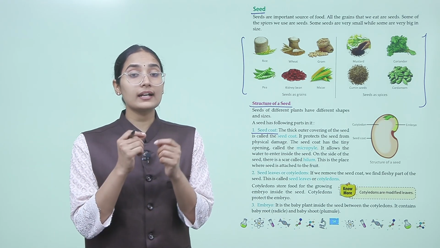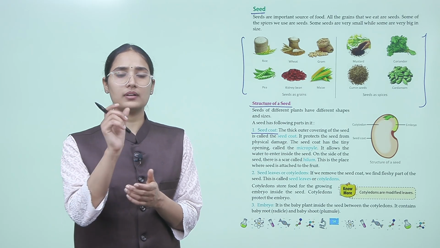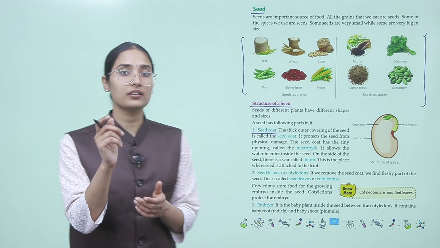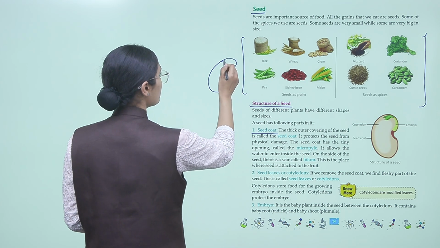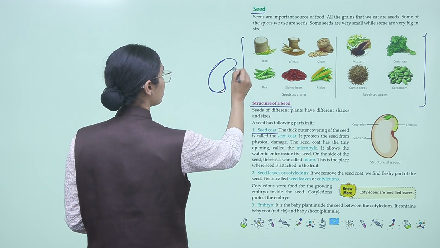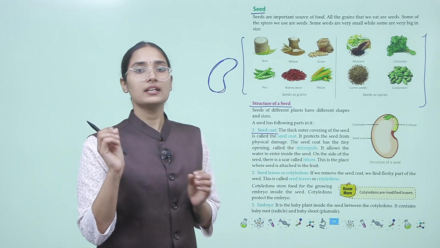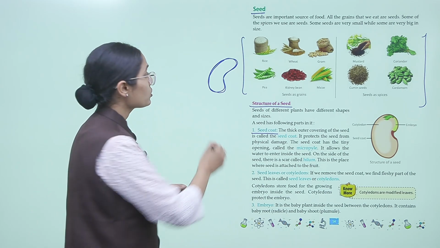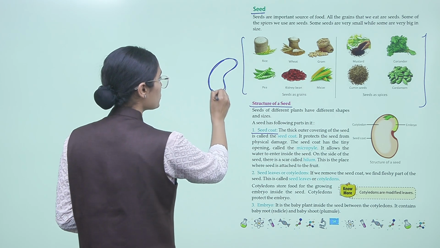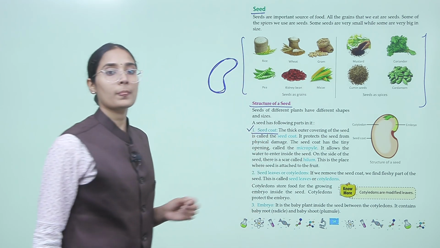Have you ever eaten rajma? Rajma is covered by a dark brown layer from outside, and from inside it is whitish or off-white in color. The dark brown covering from outside is the seed coat.